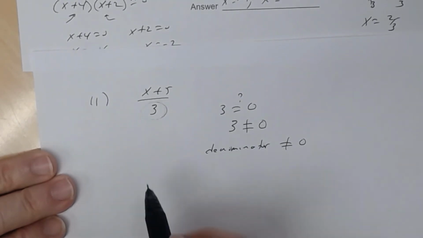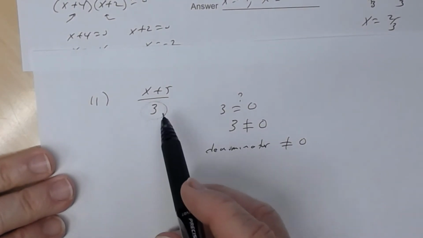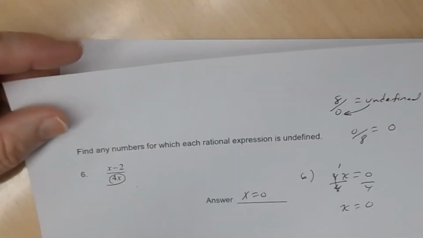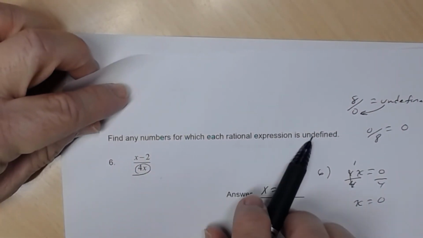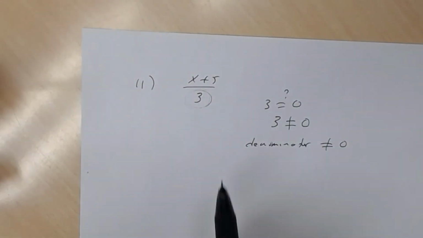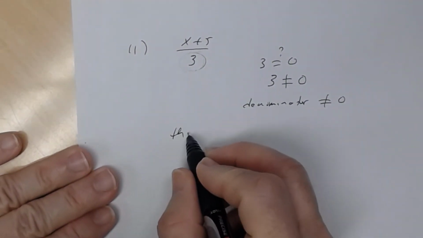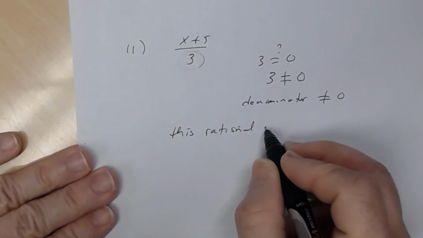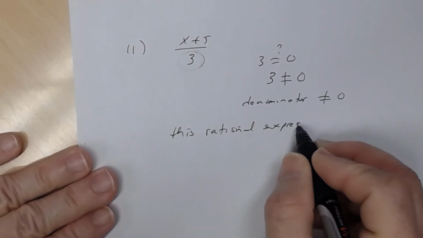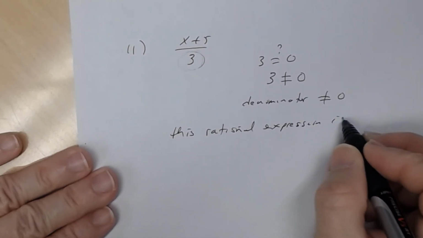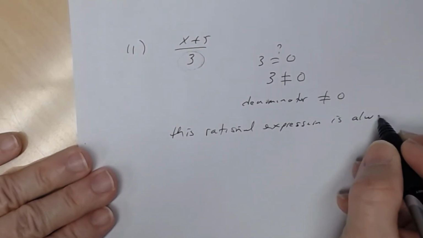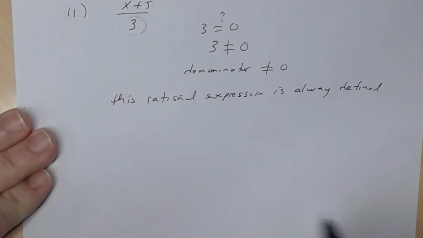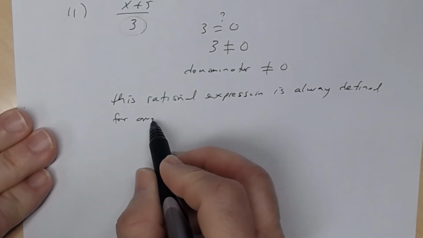So that means that with regards to the question, find any numbers for x for which each rational expression is undefined, this rational expression is never undefined. So this rational expression is always defined for any value of x.